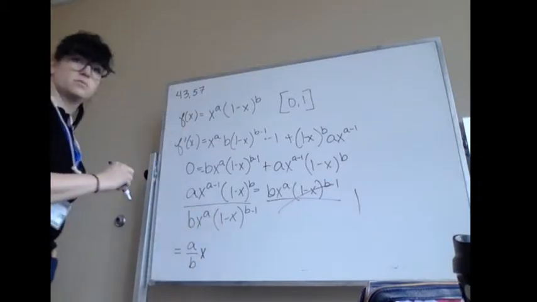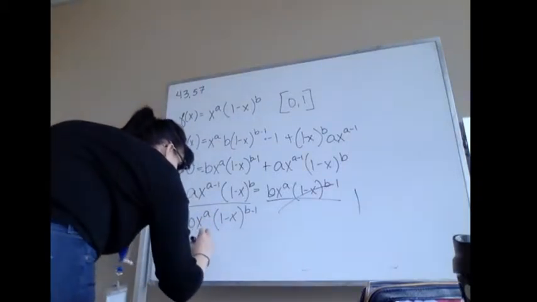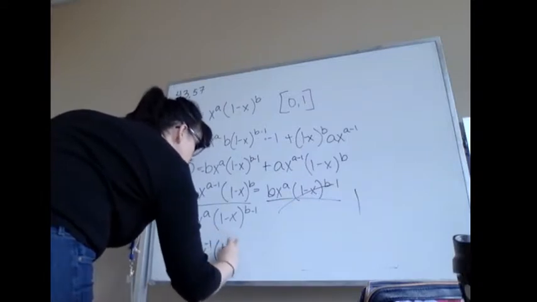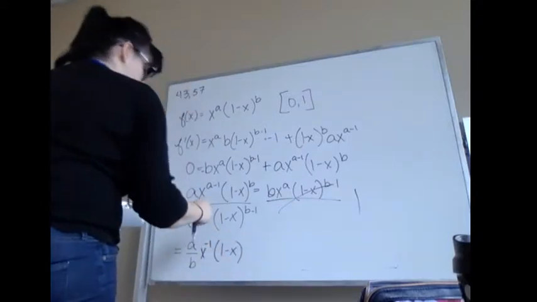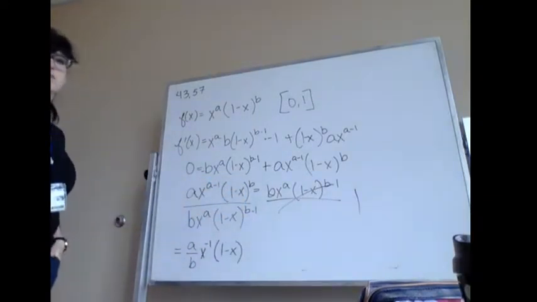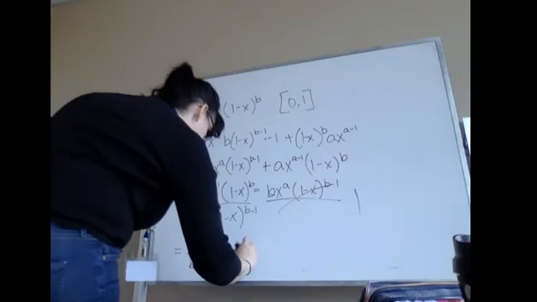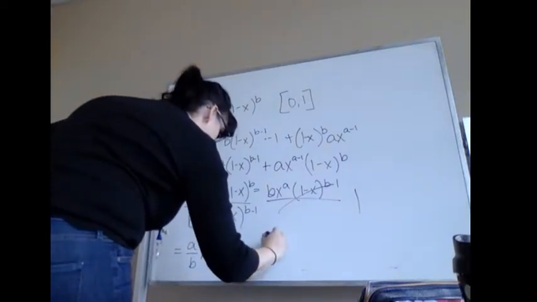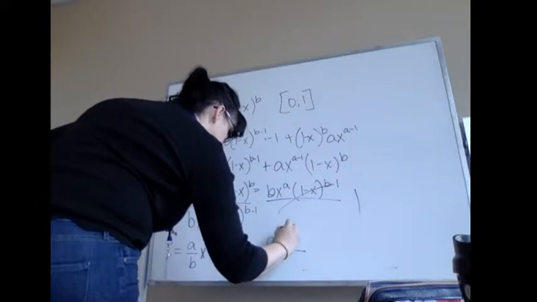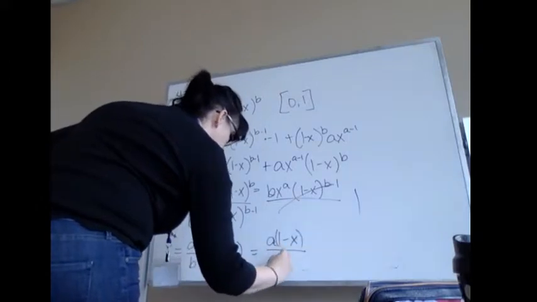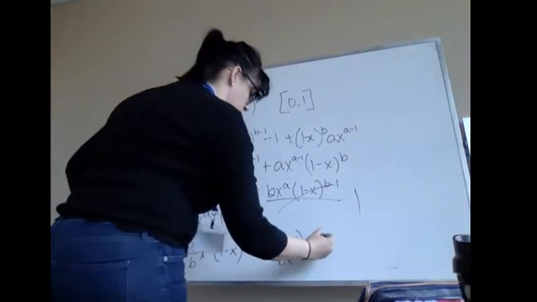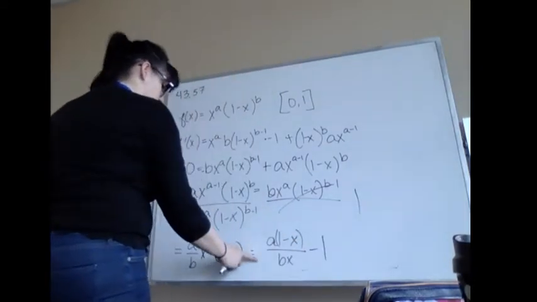So does this make sense what I'm doing right now? Okay. So that's to the negative 1 minus x. So b minus, so that's just to the first, so I'm just going to leave that off. So that equals a times 1 minus x over b x, which equals 1, so minus 1 equals 0.